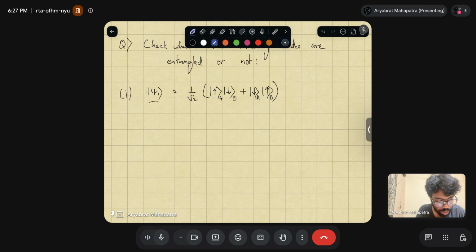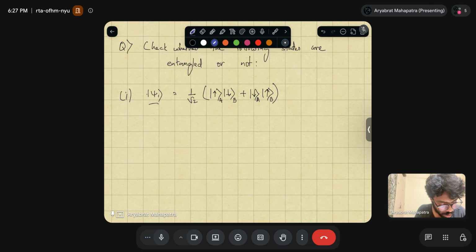If you see, there is no way, for example, this is purely the spin half state, as I have said to you earlier. This is one of the possibilities of writing the total spin half state.